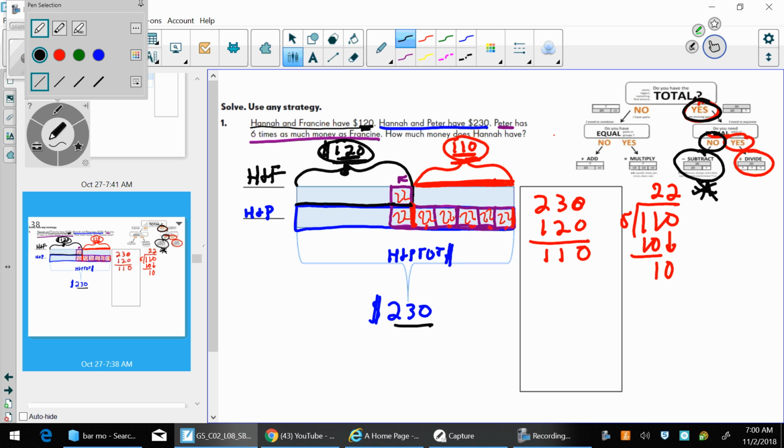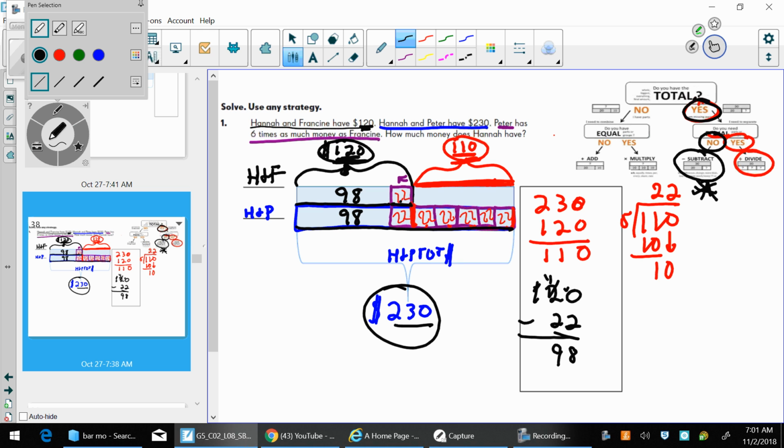Subtract what? 120 minus 22. And I get $98. It's the amount of money that Hannah has. 98 plus 22 is 120. And if I added this all up, Hannah and Peter should have 230. I can check that. So Hannah has $98.